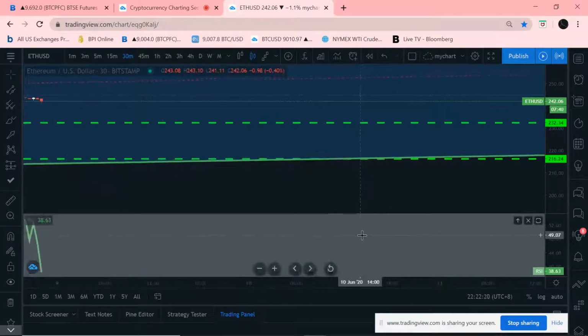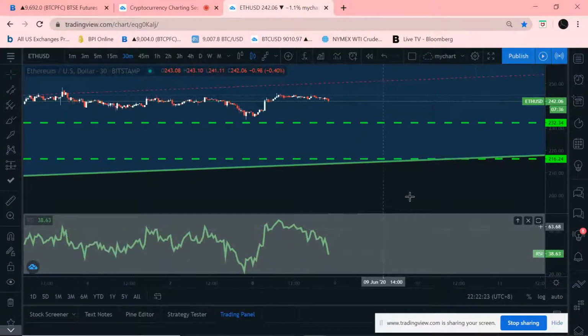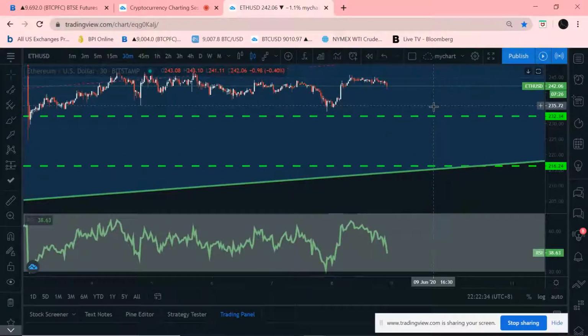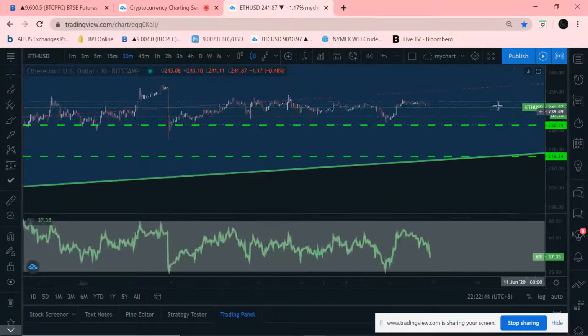Just checking. I think at this point the RSI is already at or near the oversold territory. So I think there's still a chance that it will move, or possibly if it breaks down could possibly target around 235.